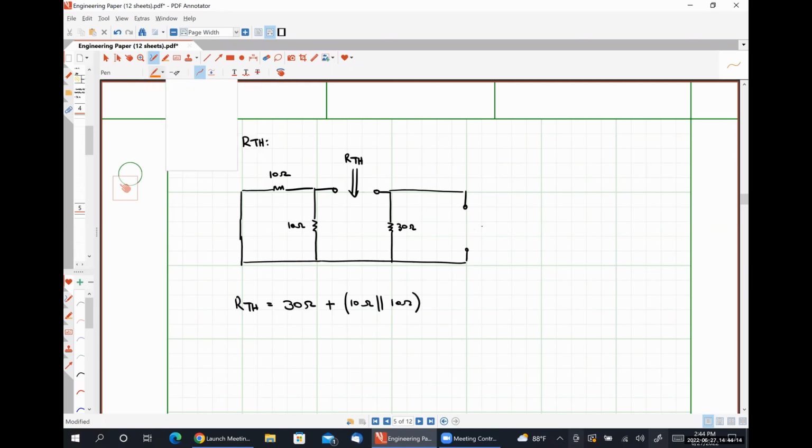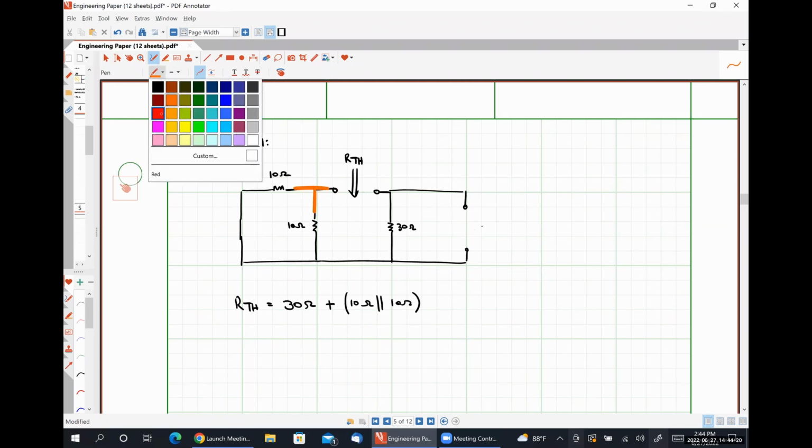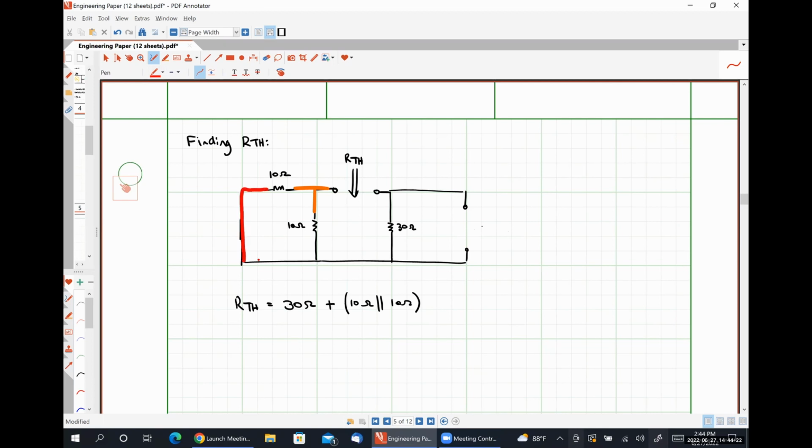Just to be clear about how I came up with that, let's label our nodes. So we can see that the 10 ohm resistors are in parallel because they share the orange node and the red node. And then I say that the parallel combination of 10 and 10, which is just 5, is in series with the 30 ohm resistor.